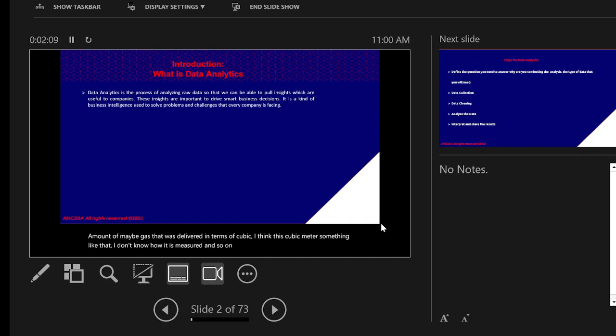That process is called data analytics because you are able to pull the insights which are useful to the company. The importance of those insights is to drive what are called smart decisions. You are able to use it to make decisions, because if you have data in the organization, there is no need for guesswork and so on.